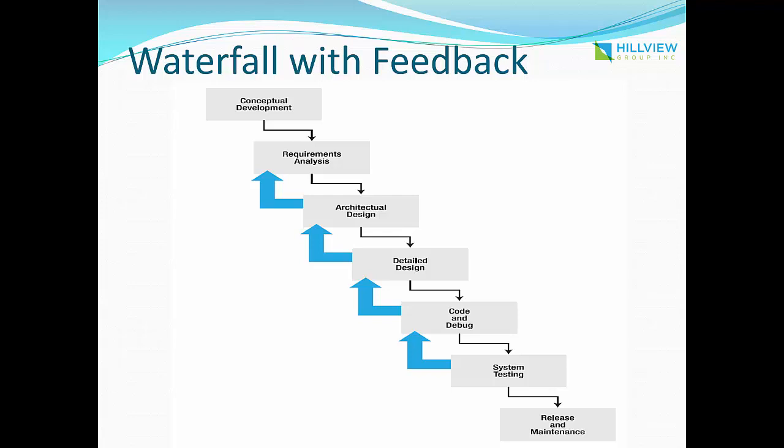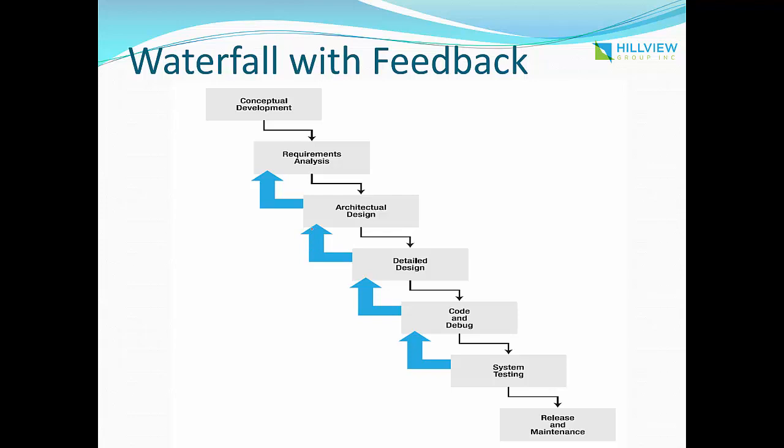Now, the waterfall with feedback tries to address this problem. Okay? Now, it creates a way of going back to the previous phase. Although you still complete a phase before moving to the next phase, with the feedback, you have the option of going back to a previous phase once you complete that phase.